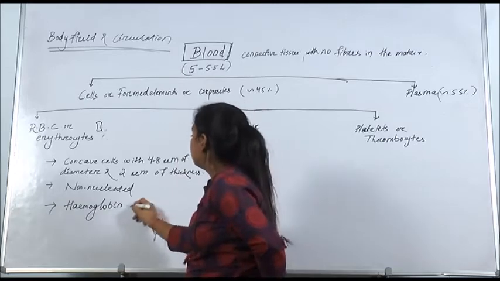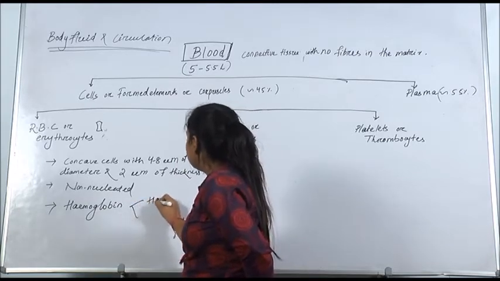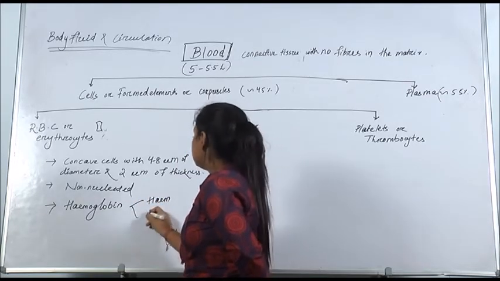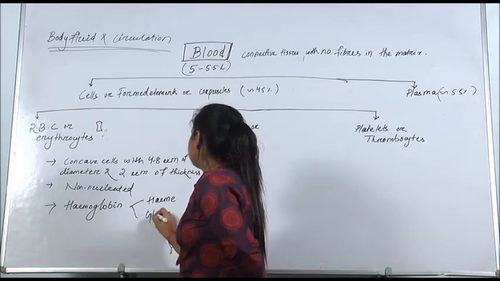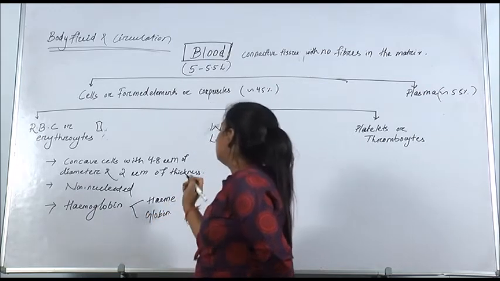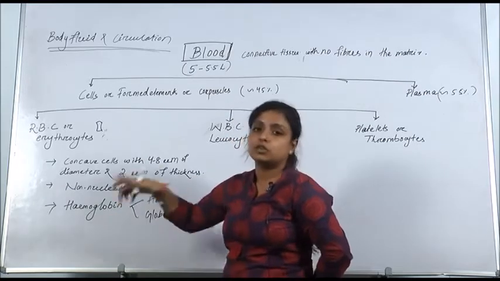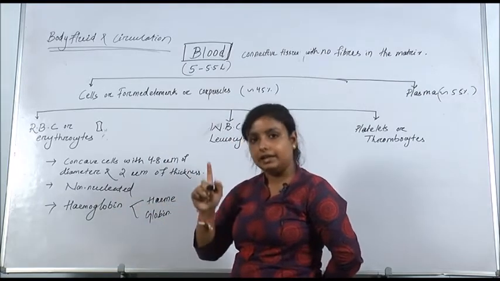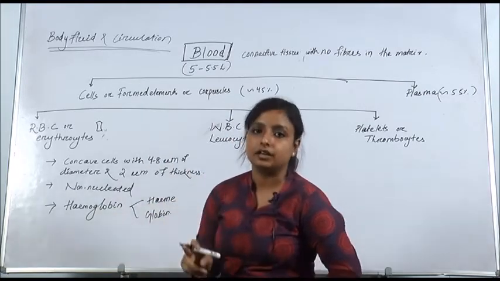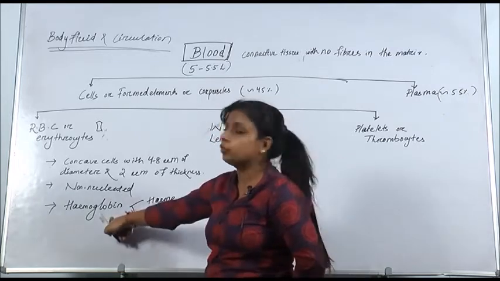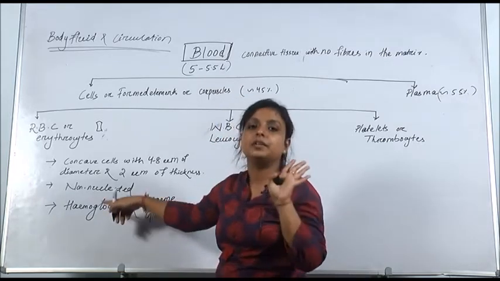Hemoglobin has two parts. One is the hem part and the second is the globin part. One hemoglobin consists of 4 hem subunits and each hem subunit has one iron atom. So altogether one hemoglobin has 4 iron atoms which help in the carrying of oxygen.